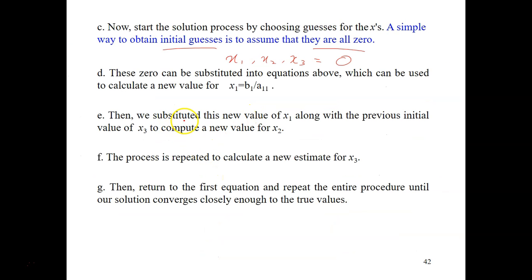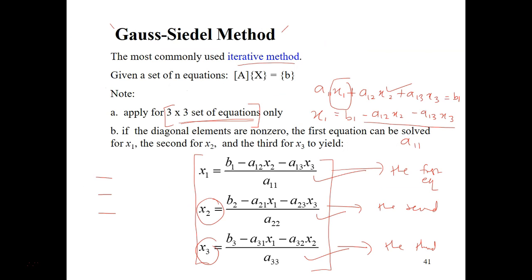And then we substitute this new value of x1, the one that you have calculated from this step, into the second equation to work out what is x2. Once you have got the new value of x1, you can use that new value inside here, and this one using the initial guess, which is 0, to calculate a new value for x2.